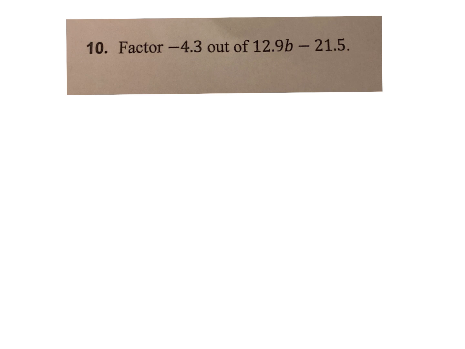All right, let's factor out a negative number. And so we'll put negative 4.3 on the outside. And then I have to go 12.9 divided by 4.3. That gets me 3. Now it's a positive divided by a negative.